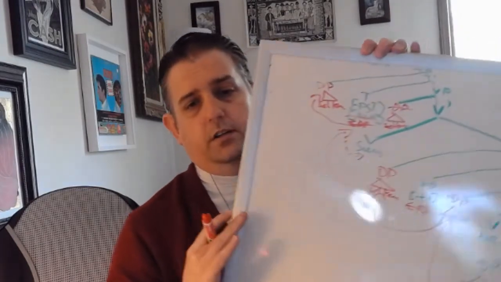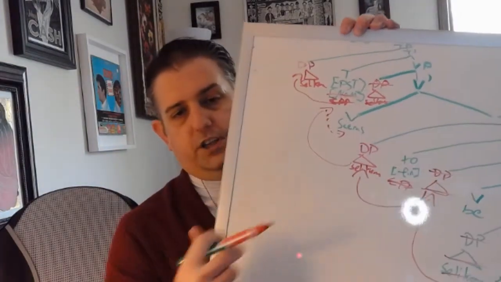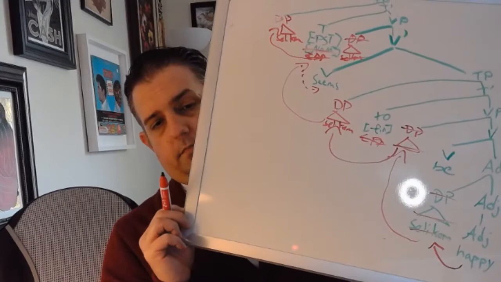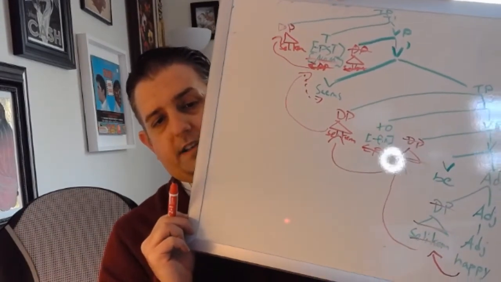There also is going to be, however you want to do this, perhaps T lowering or selection on seems, but there's some sort of relationship there. So that's our sentence. The critical thing is that Celicum needs to begin in a theta position and needs to raise via some sort of cyclic movement up into the highest T position where it will receive case.